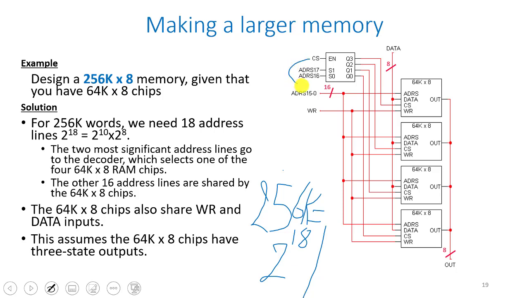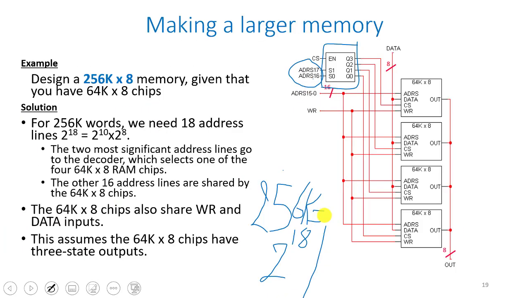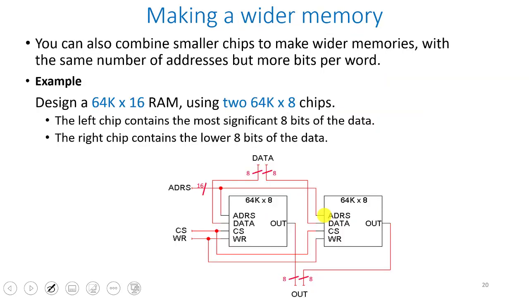We have an extra 2 lines which are going to be connected to the decoder. What is the size of the decoder? 2 inputs, 2 by 4. So it's here, 2 by 4 is our decoder over here. So this explains how we are going to connect the RAM, as you can see.